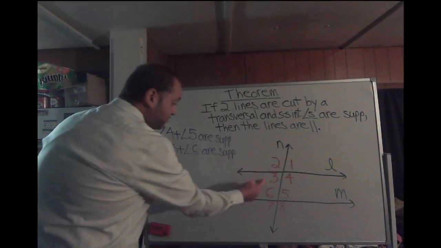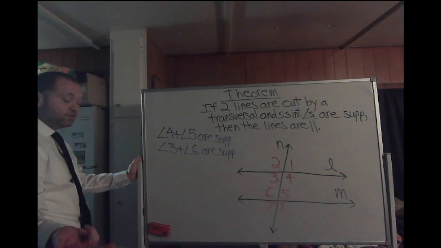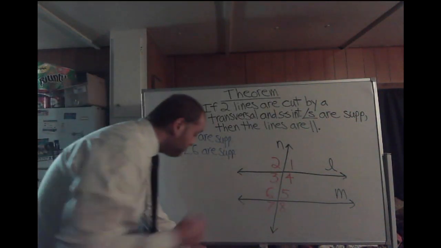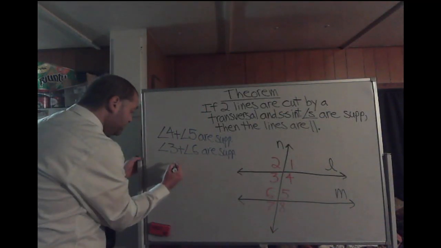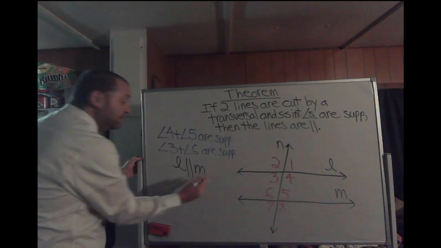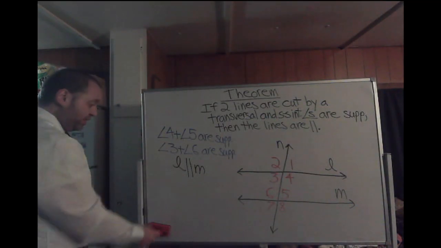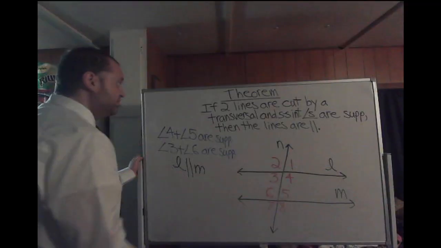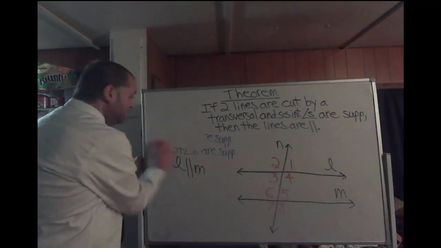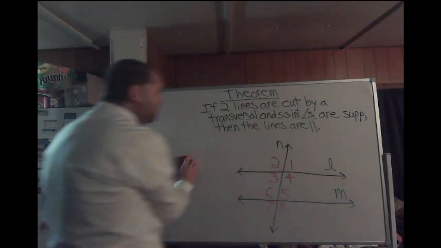They also give us that 3 and 6 are supplementary angles, being same side interior angles. By this theorem, we can therefore deduce that line L is parallel to line M. So yeah, it's pretty straightforward. It's just the converse of what we've done so far. Isn't much to this. It's just the converse reasoning of what we've done.